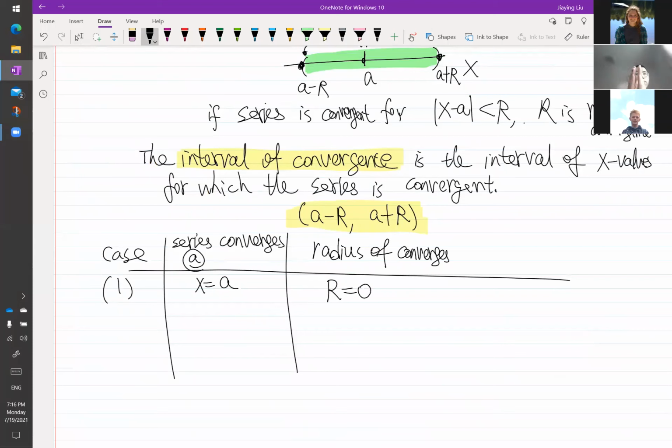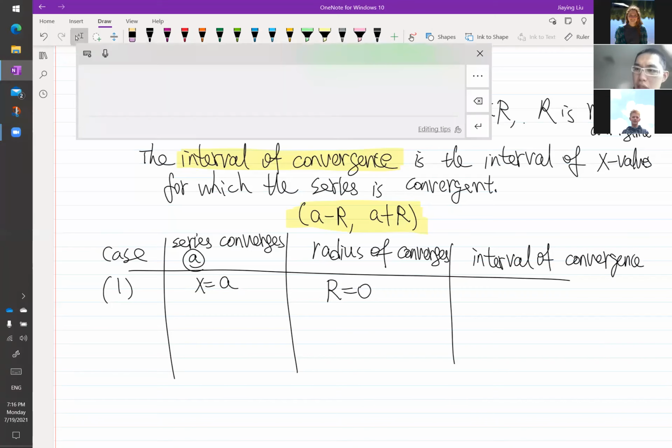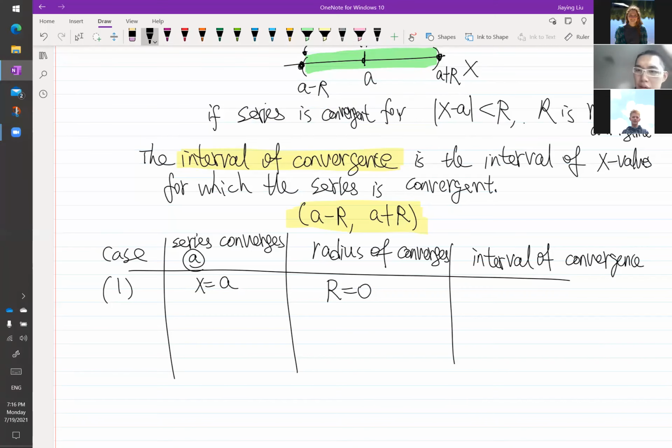There's no distance from a that gives you x values for the series to converge. It's only at that particular a, so there's no sort of radius there. And the interval of convergence will just be, it only has one value, so we're just going to put a in curly brackets. It's not an interval, it's just one element there. So that's the first case.